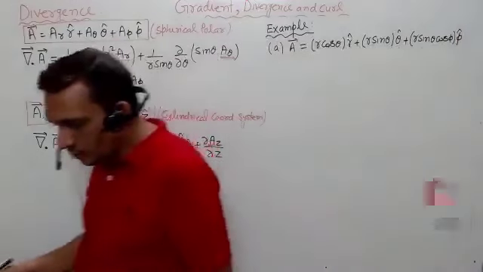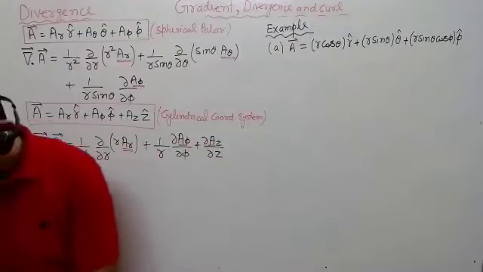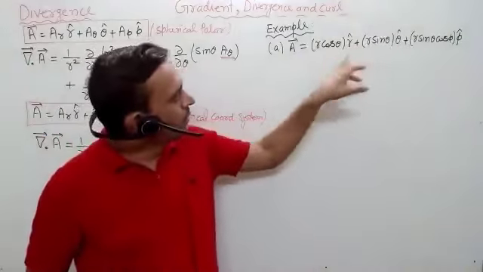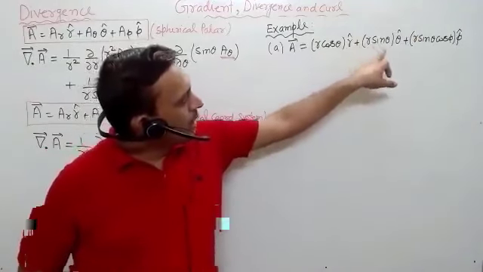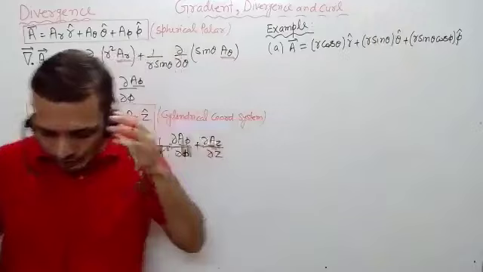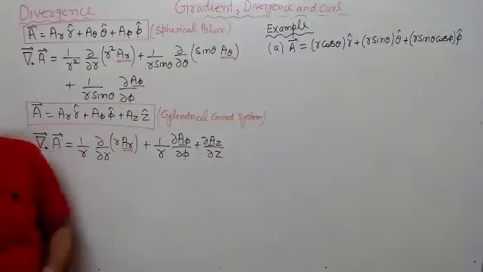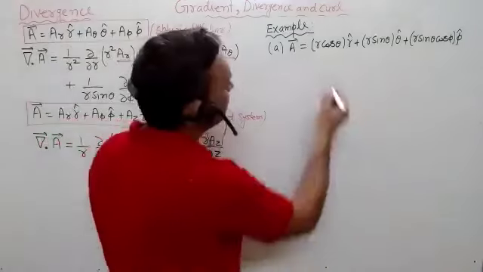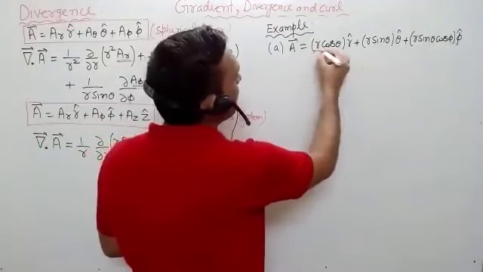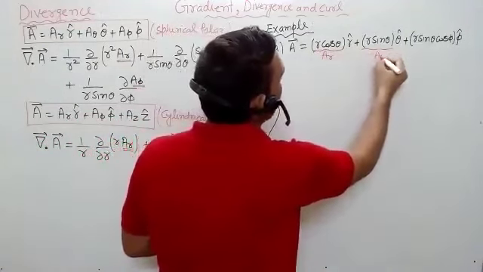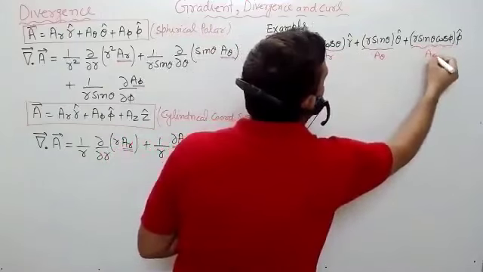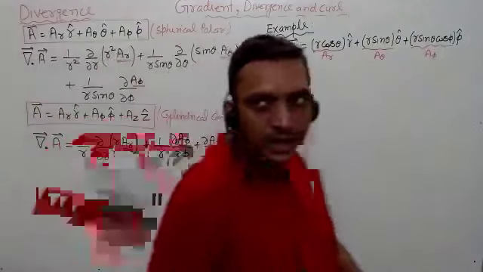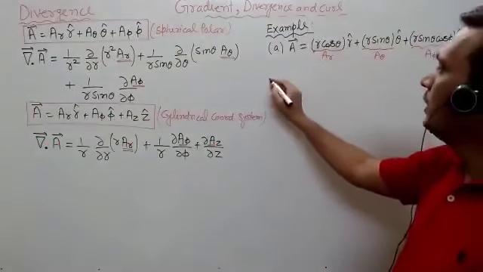Let us find the divergence of A. So vector A is given in spherical polar coordinate. This term is A r, this term is A theta, and this term is A phi. So in this formula, just substitute for A r, A theta and A phi. So what will be divergence of A?